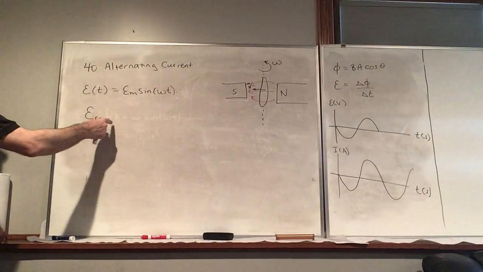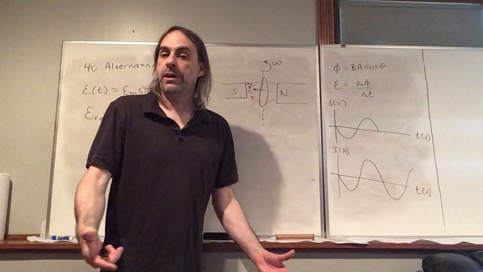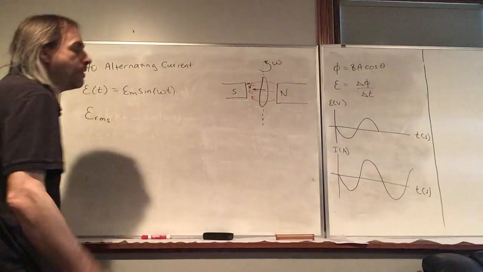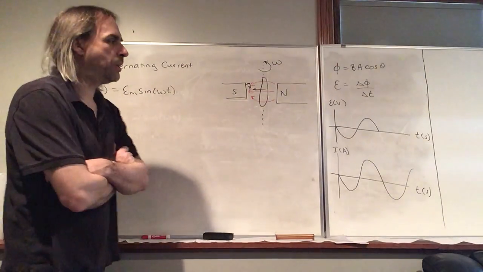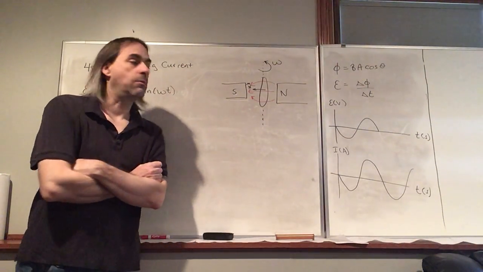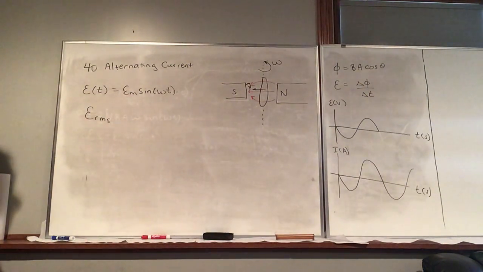So we've got to start at the end. If we square this EMF, everything's going to be positive, and then we can take the average, but then we'll have an average in volts squared, where we want to get back to volts, so we take the square root.